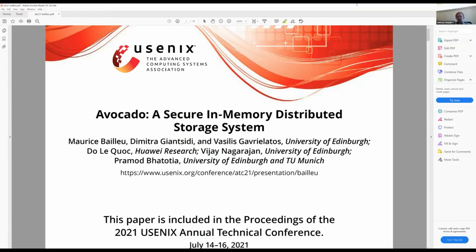So even if you have physical access to the hardware, even if you have kernel level privileges at the operating system, or hypervisor level privileges, you should not be able to mess with the data and the actual replicated system itself.